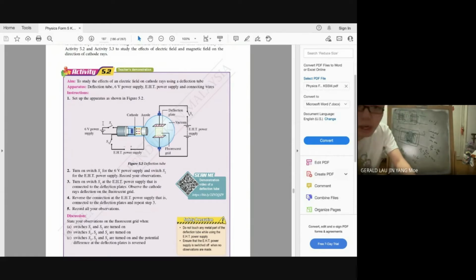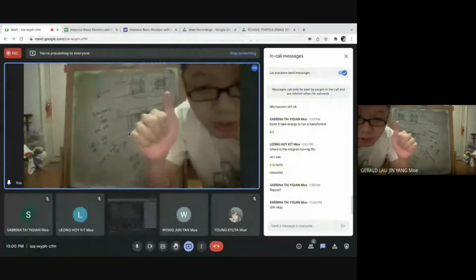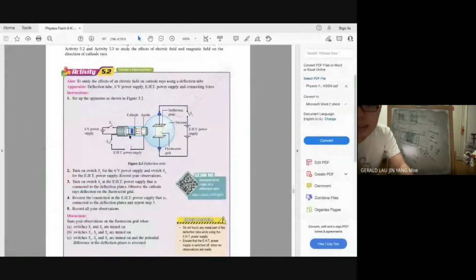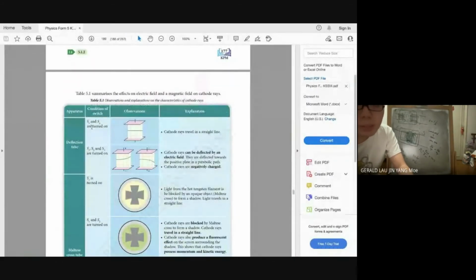If I turn off S1 and switch on S2, there will be no thermionic emission because I don't have S1 to heat up the cathode. If I turn on S1 and S2, there will be thermionic emission, so it's just like that, a straight line.